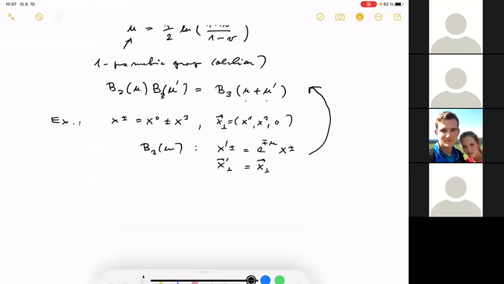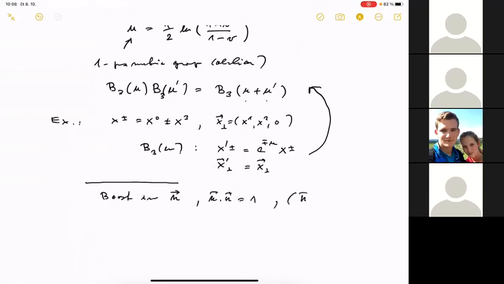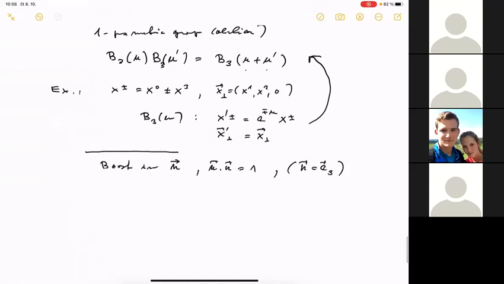Of course, we can generalize these concepts and introduce the boost in a general direction, which is described by a unit vector n, a general unit vector n. Up to now, we used this n as the unit vector in the direction of the third axis.